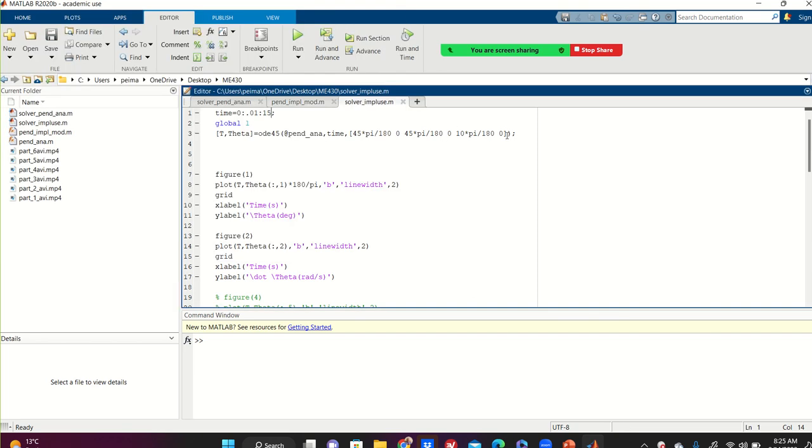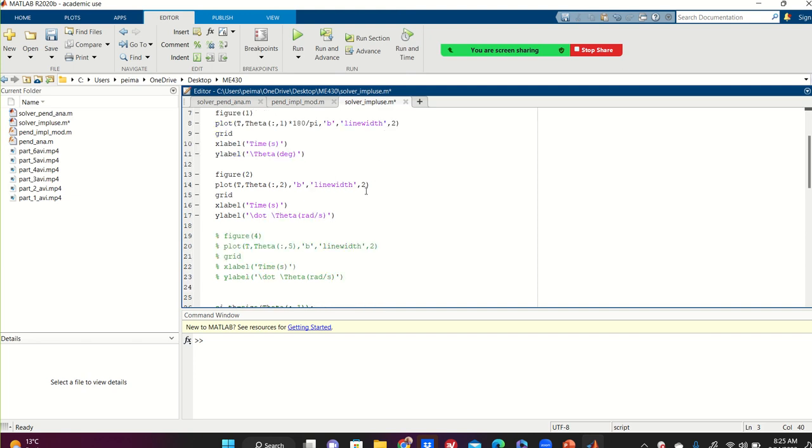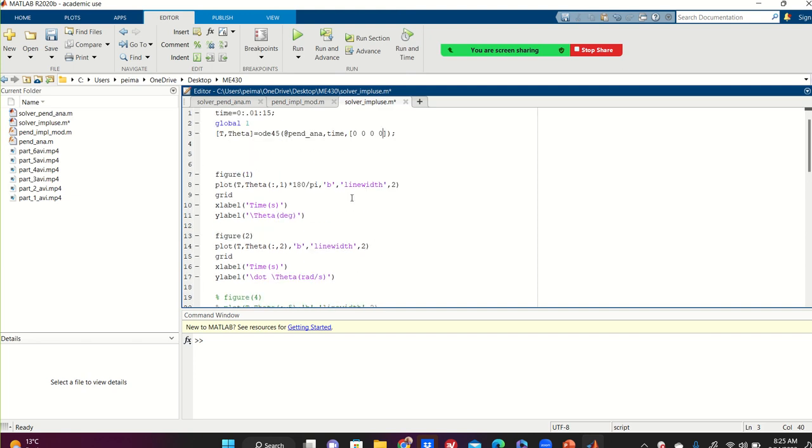We have only 4 state variables. The first 2 are for without impulse. The second 2 state variables are for with impulse. M1 and M2 are without impulse, M3 and M4 with impulse.